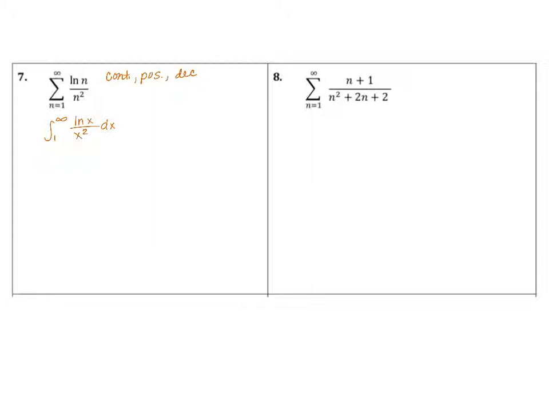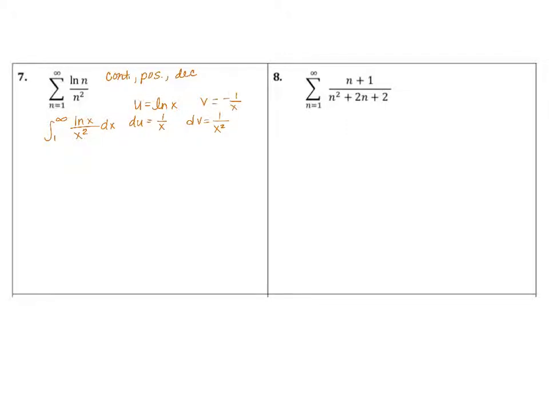And that looks like we're going to need to do an integration by parts. I would let u be natural log of x, and then du is going to be 1 over x dx, dv is 1 over x squared dx. So then v, if I integrate that, is going to be negative 1 over x.